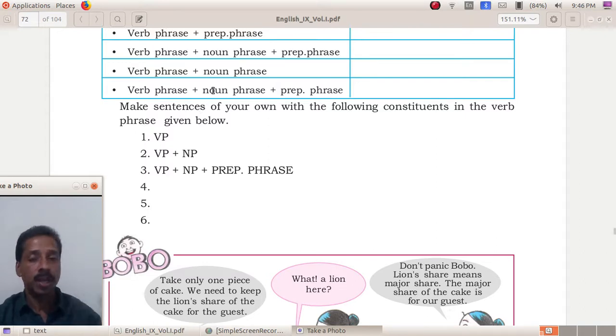You have to keep in mind those terms: predeterminer, determiner, adjective, prepositional phrase, relative clause, etc. And even in the case of a verb phrase, sometimes there will be noun phrases, prepositional phrases, etc. So go through all the sentences given here and also the class that I sent you last week, and make sure that you have no doubts.